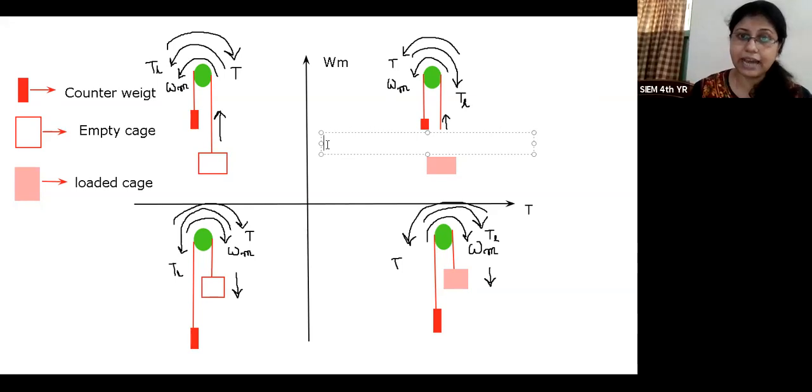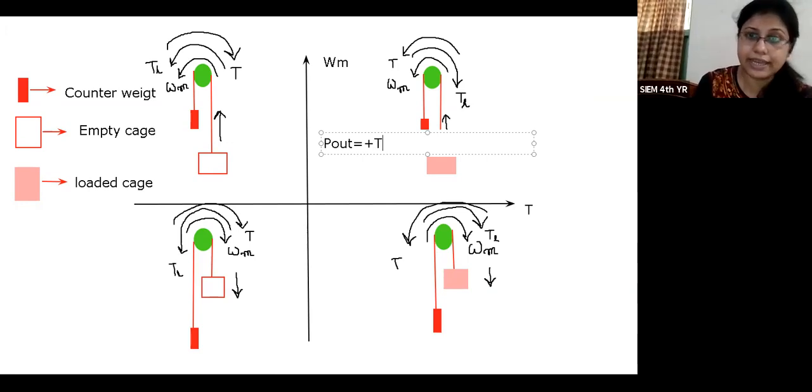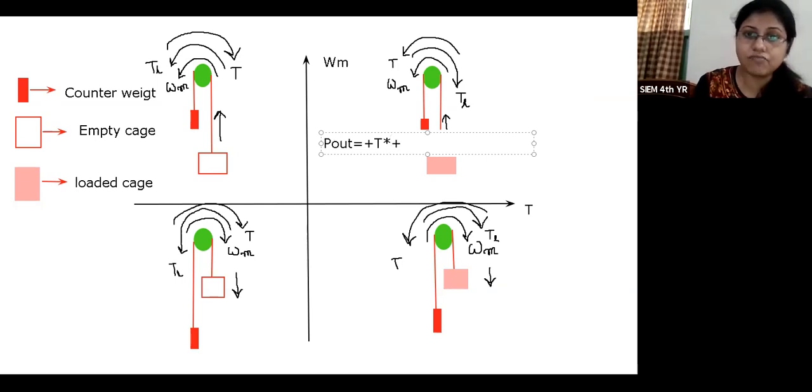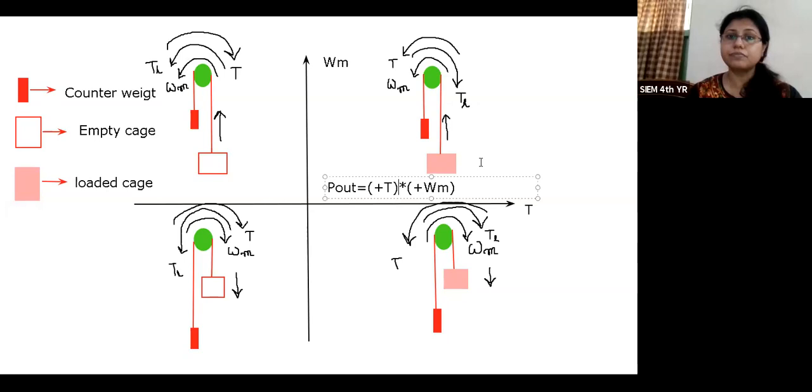So the output power P output is equal to positive T into positive omega m. Positive means positive sign. Both are positive, so the output power is also positive.